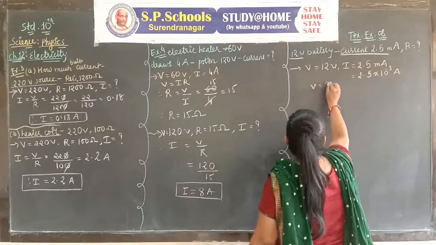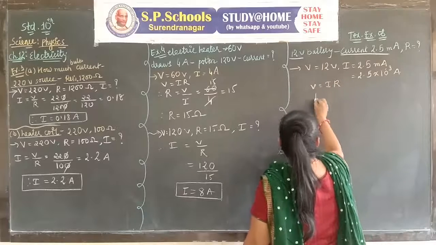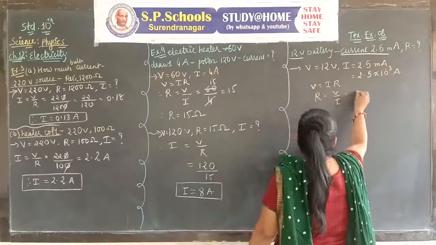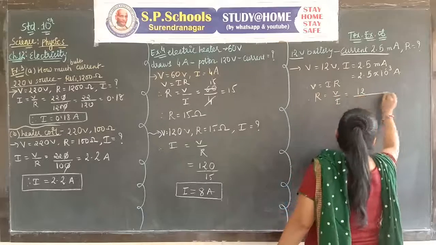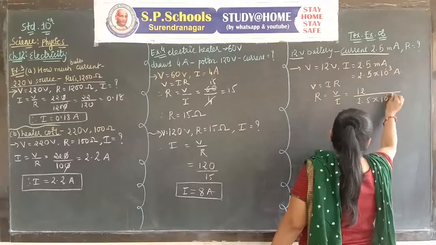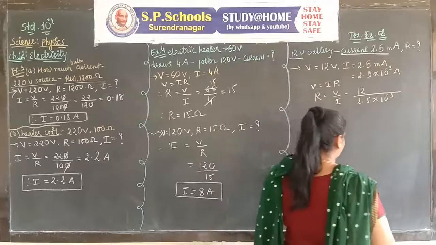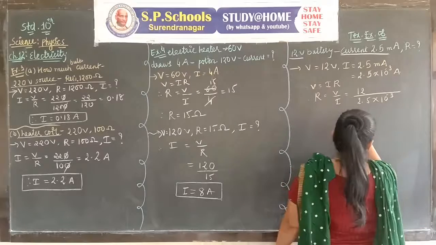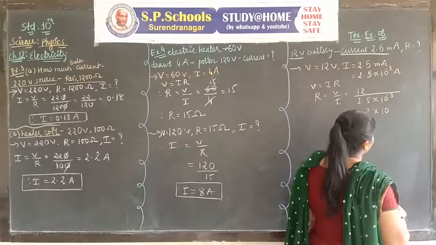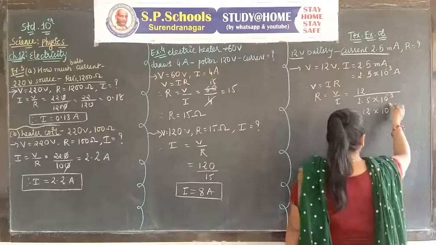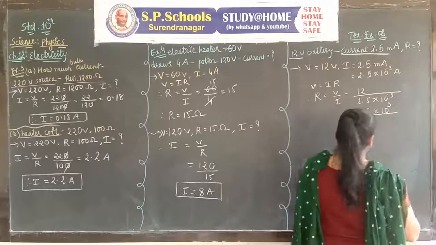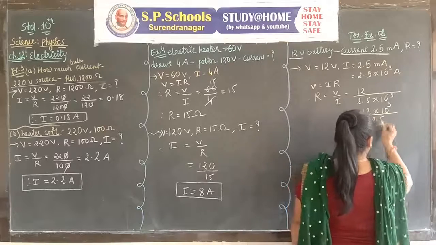V is equal to IR. So we make R the subject, V upon I. 12 upon 2.5 into 10 raised to minus 3. 12 into, here the minus sign is given in the denominator, we put it on the upper side, it becomes plus, 2.5.